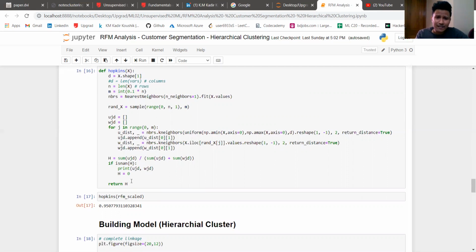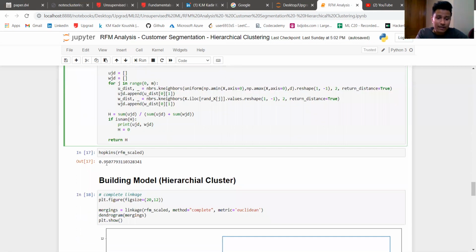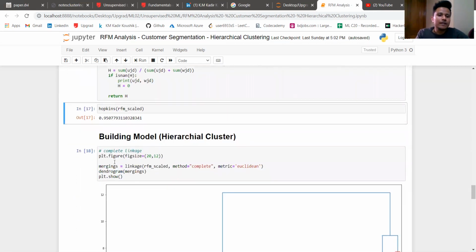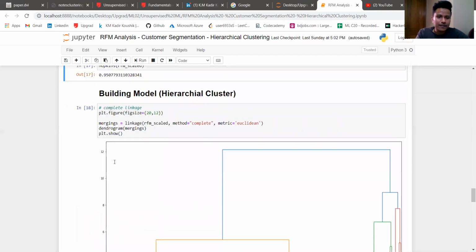The best explanation I can give, for those who do not have a conceptual idea about what clustering is, is whether the data set is good for clustering. So we have 0.95, which means it's quite a good data set, well pre-processed, right?